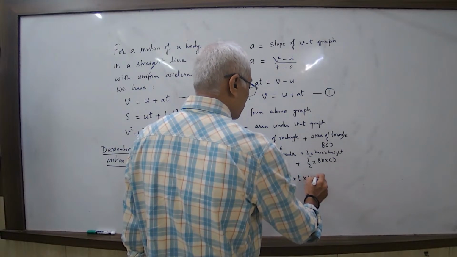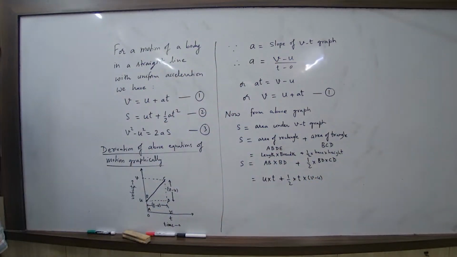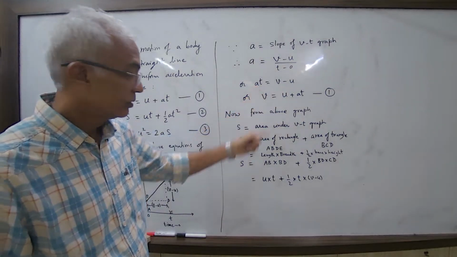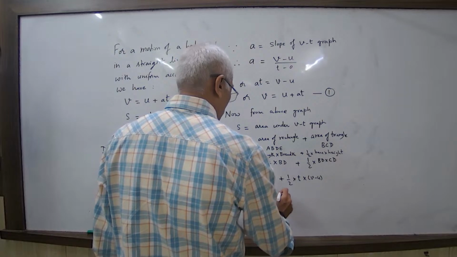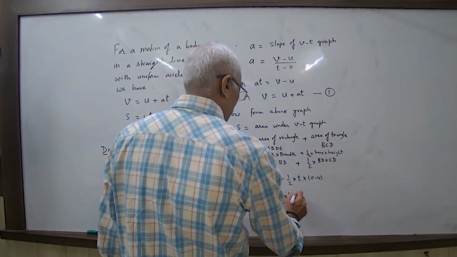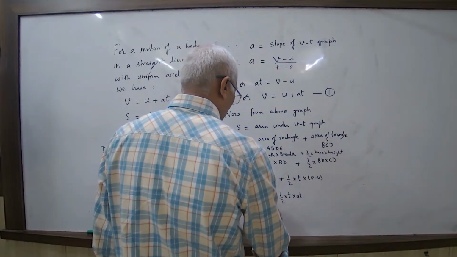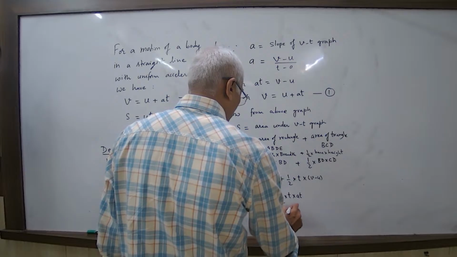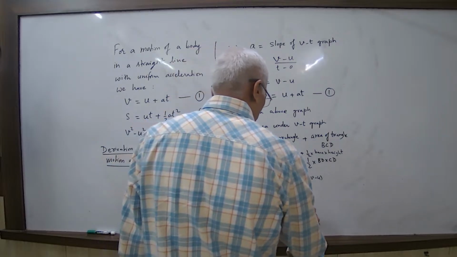V minus u. But what is v minus u? At. So this is equal to t into at. This is your equation 2.